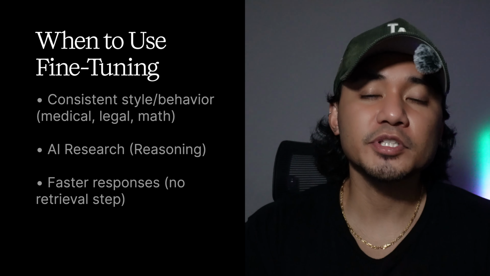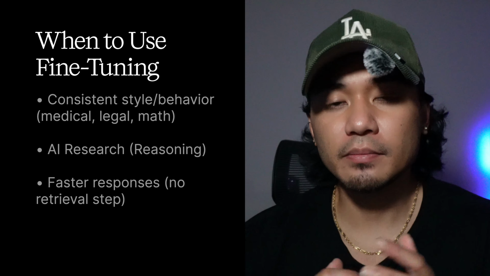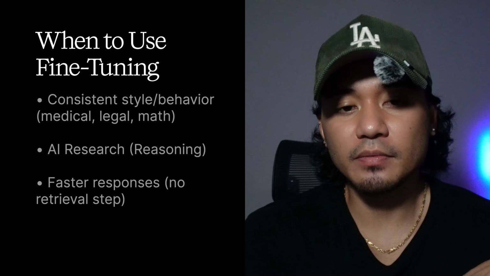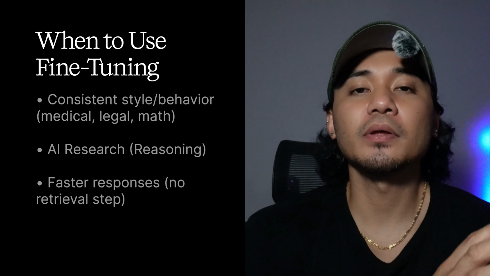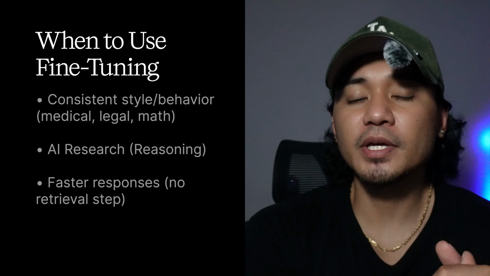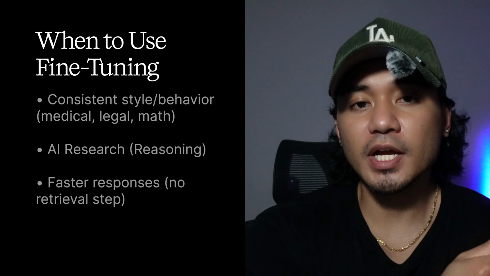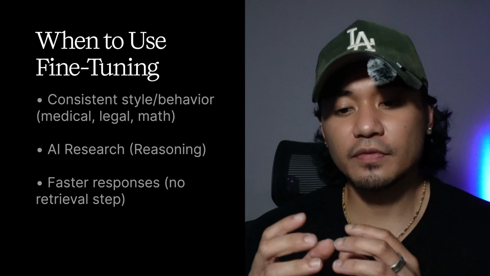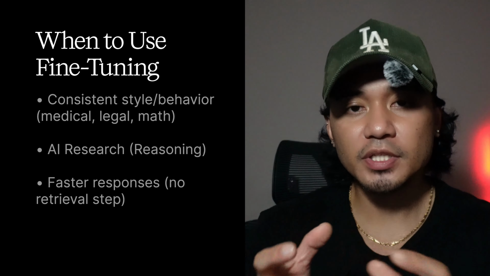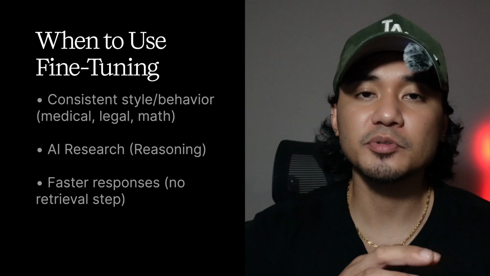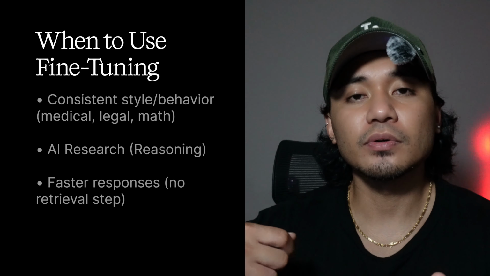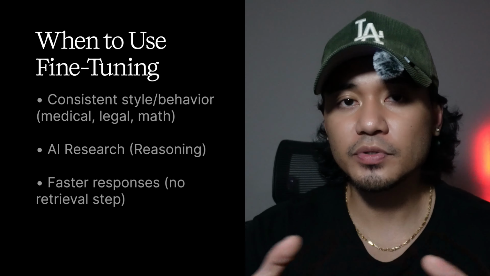And three, if the response time is critical. In many cases, using something like Retrieval Augmented Generation, depending on how many documents you have in your database, the retrieval method can actually take a lot of time. If you're using fine-tuning, you're changing the internal parameters of how the language model generates answers, so when you ask it a question, it can produce the answer right away.